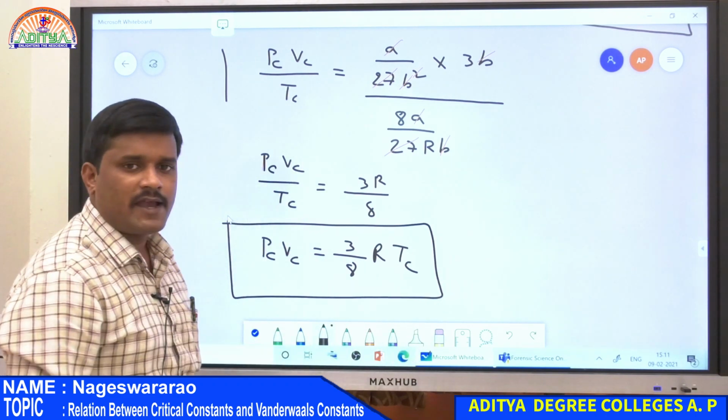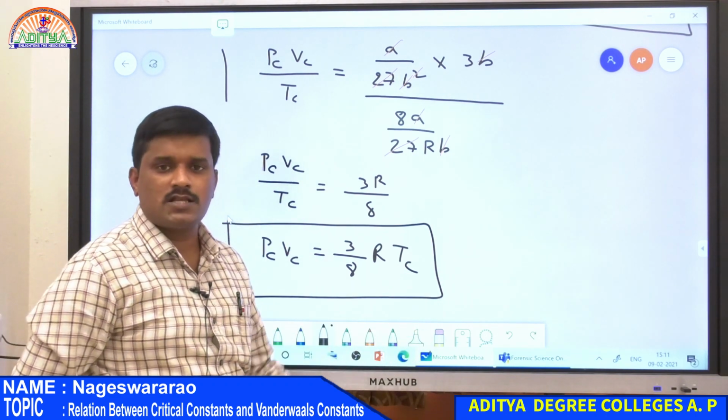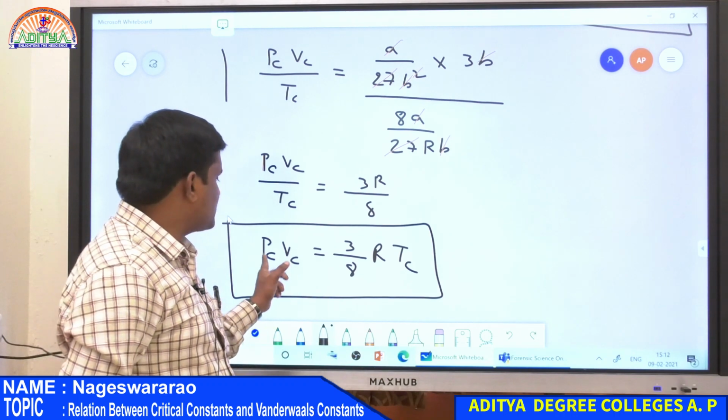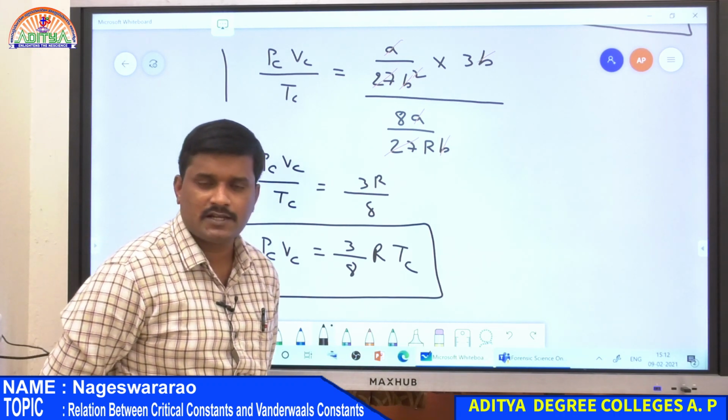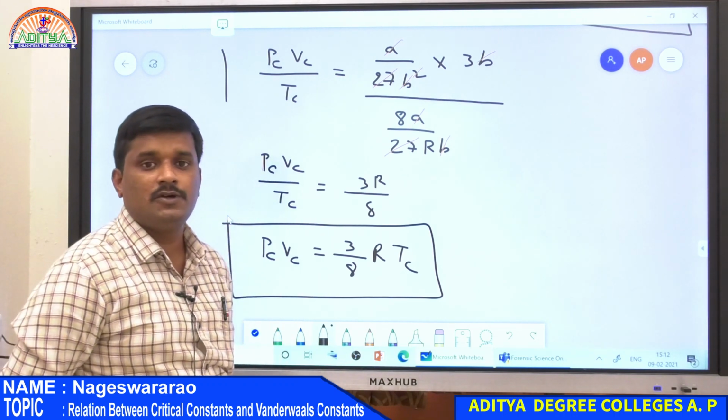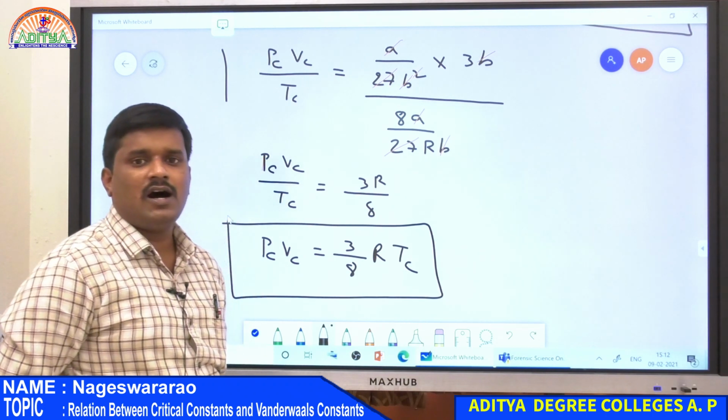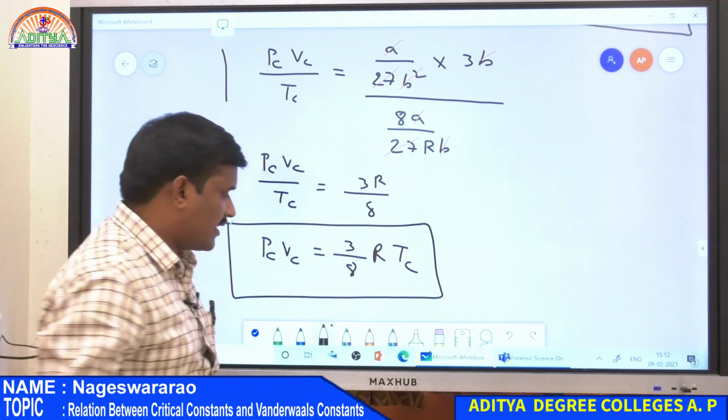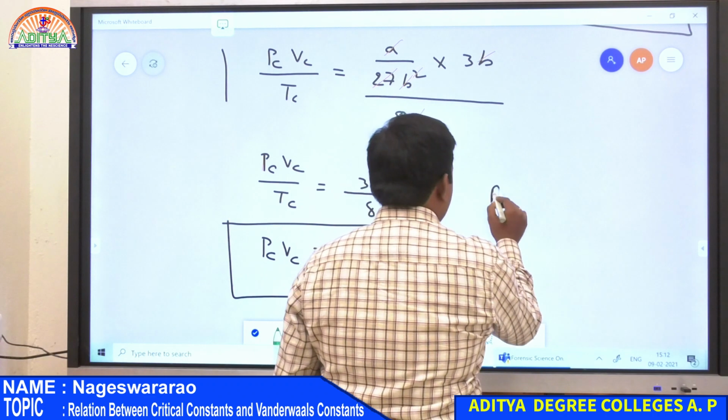So this is the final relation between critical constants. The product of PC and VC, that is critical pressure into critical volume, is equal to 3 by 8 into R into TC. So what is R? R is nothing but the gas constant.